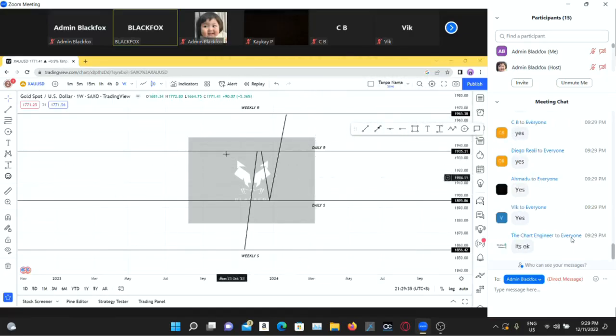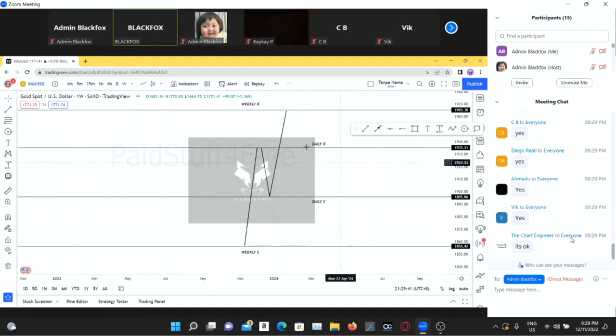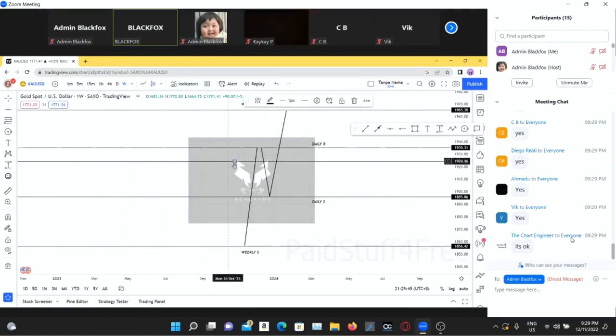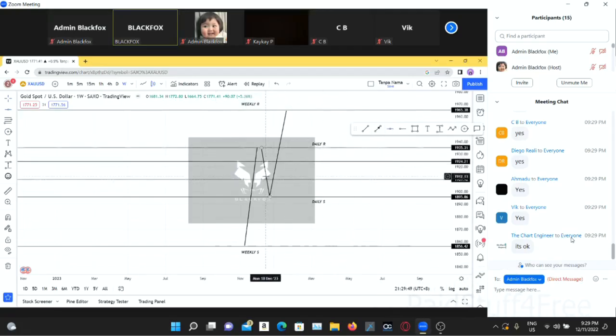So this is the script and theory. Daily also has a roadblock, which is H4. Sometimes you see the price go up from daily and get stuck at the H4 roadblock.